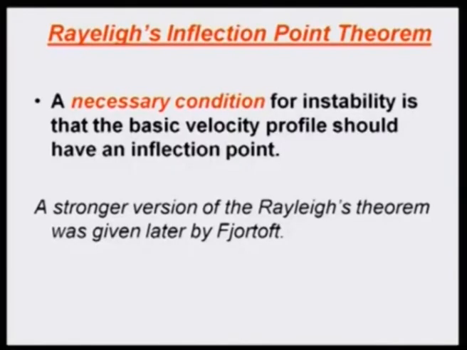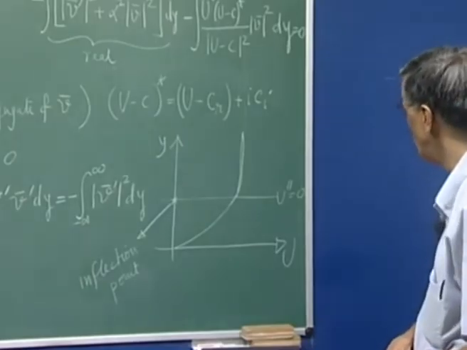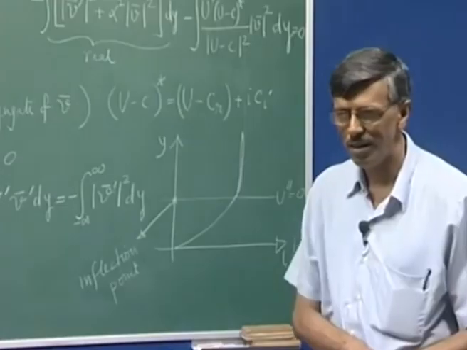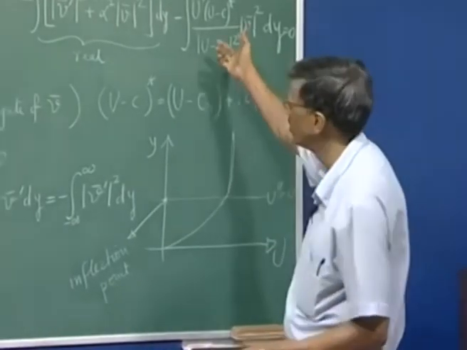However, sometime later, Fjortoft came into the picture, and he said, look, in enunciating that inflection point theorem, we just simply looked at the imaginary part of that reduced equation.